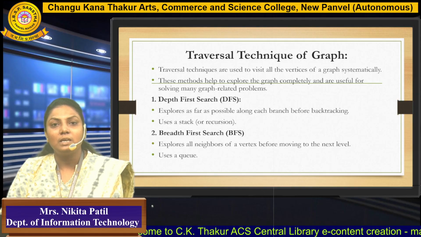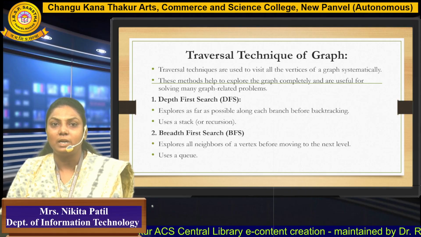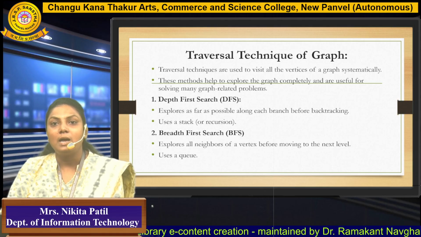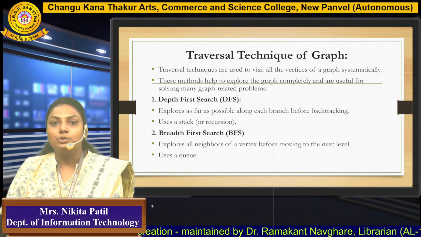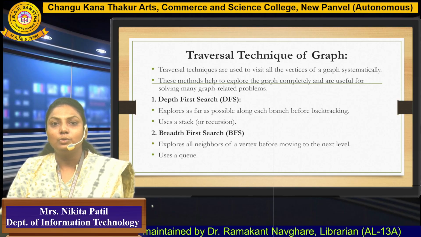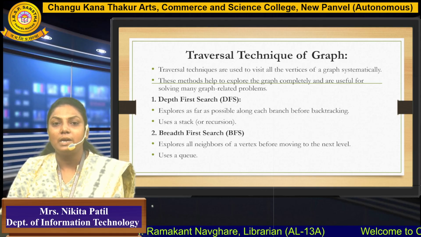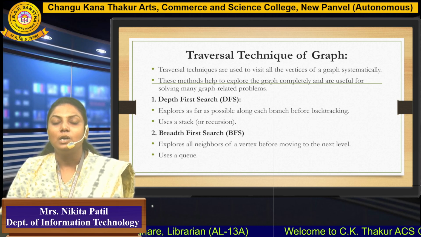Traversing techniques are used to visit all the vertices of the graph systematically. These methods help to explore the graph completely and are useful in solving many graph-related problems. A graph is traversed in two ways: first depth first search and second breadth first search, that is DFS and BFS.